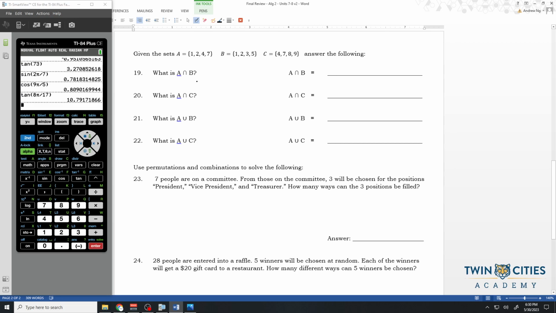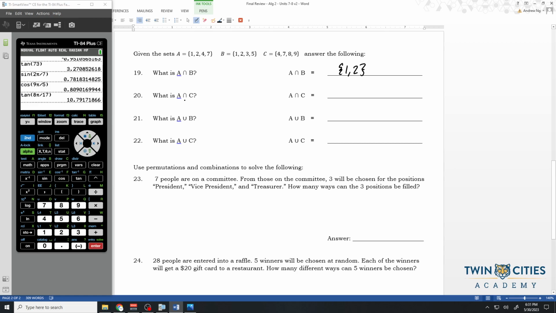So A intersect B, I'm going to look at A and B and go, I've got a 1 in both, and I've got a 2 in both. So A intersect B is {1, 2}. I'm going to write that in set notation, so I've got little squiggly brackets here, and then separate my elements with commas.